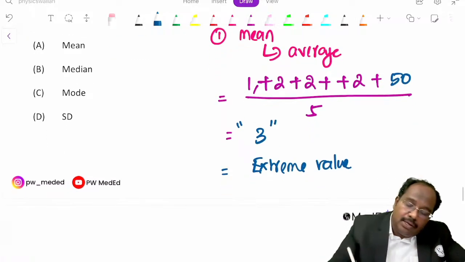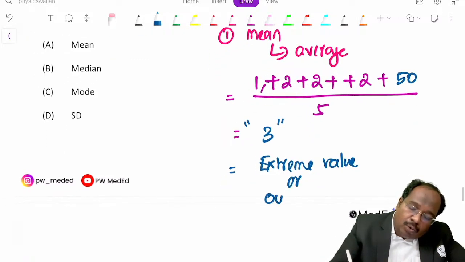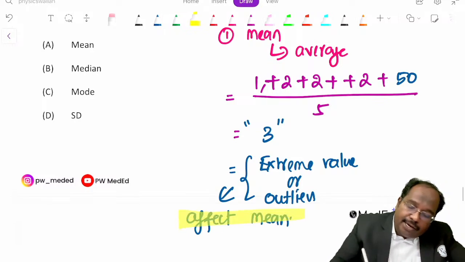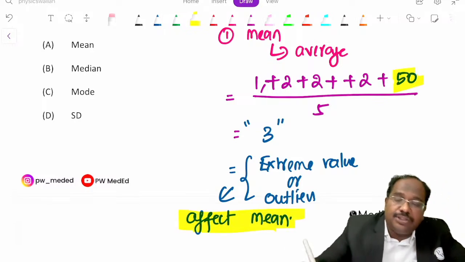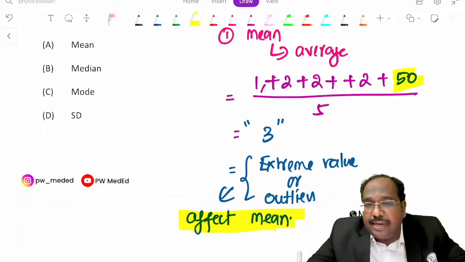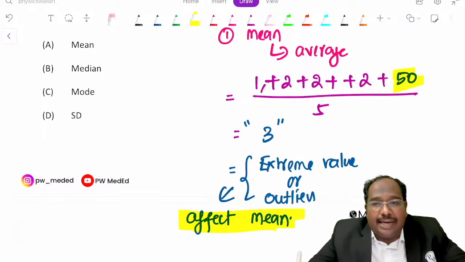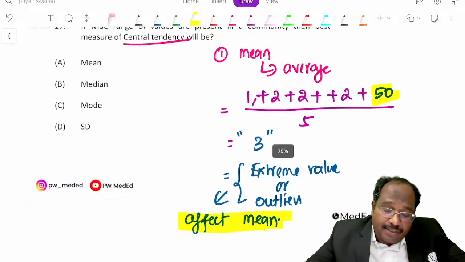Extreme values or outliers will affect the mean. So any extreme values in the data will affect the mean. Now 50 plus 57, divided by 5, goes to more than 10 actually.